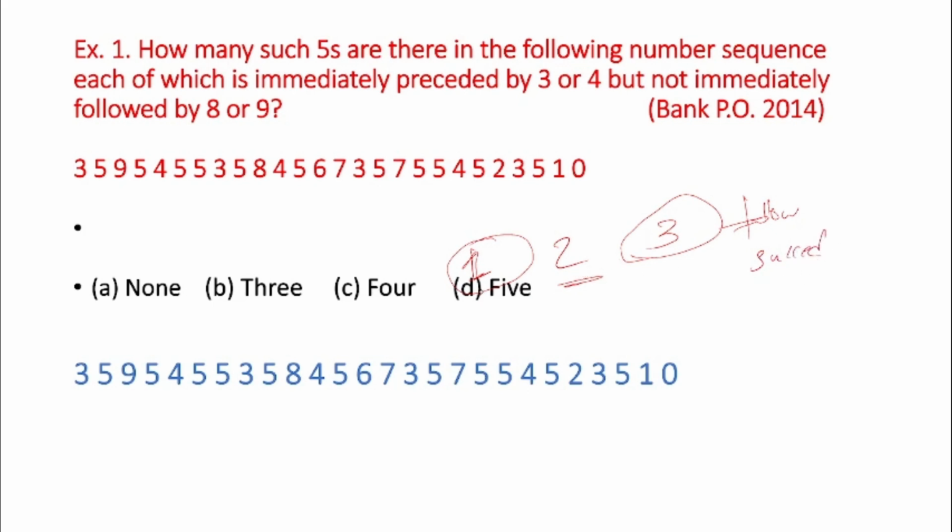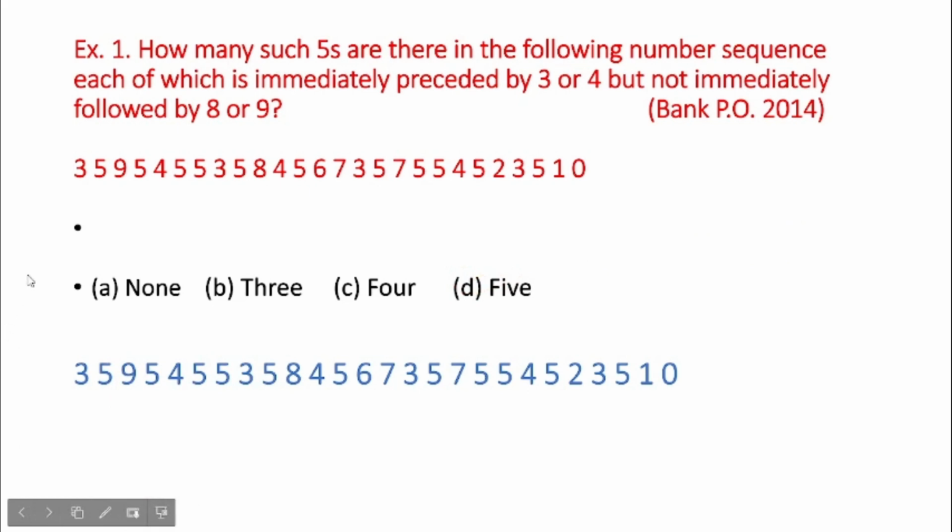So a number before a number is called preceded. Here 2 is preceded by 1 and 2 is followed by 3, or succeeded by 3. In these types of questions we need to know these words.